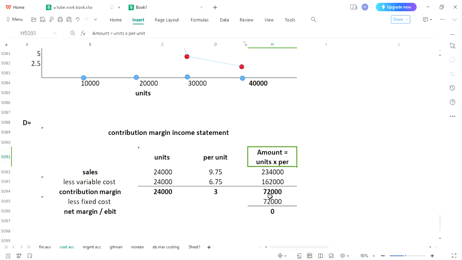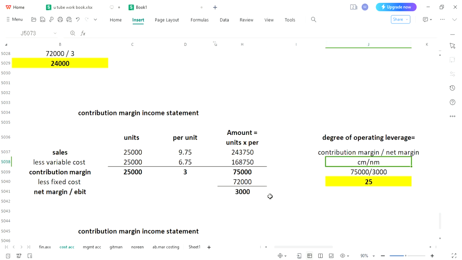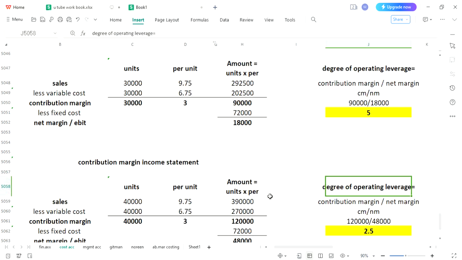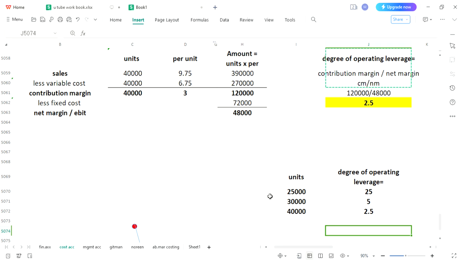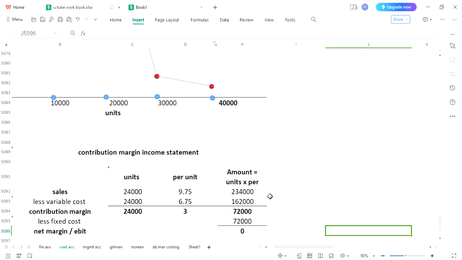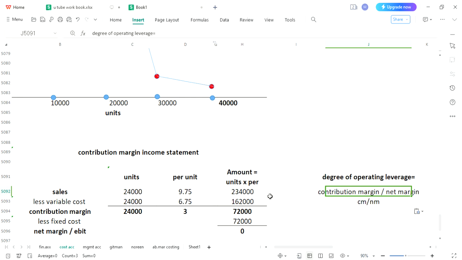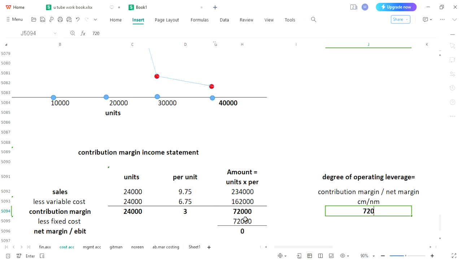Over here we were asked to calculate the degree of operating leverage. We have already written the formula, and this same formula would be used for this part. Degree of operating leverage is calculated by dividing contribution margin by net margin. It has been written over here. So your contribution margin is 72,000, and it would be divided by 0.